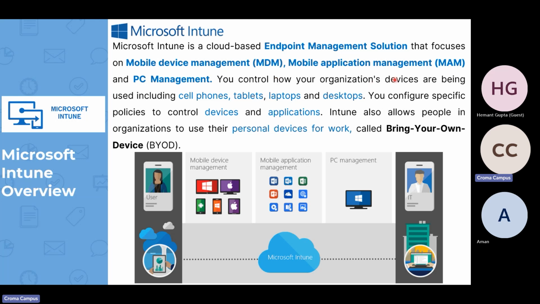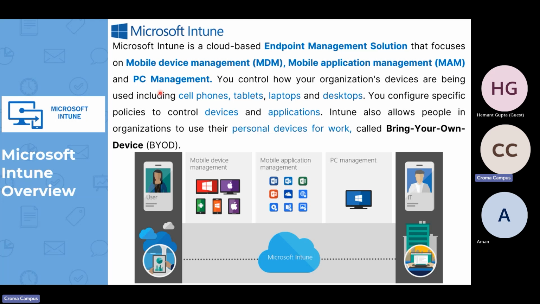So Intune focuses on mobile device management and mobile application management. Across multiple platforms, we have to manage the applications on all of them as well. And PC management also. This is mobile device management, managed as an MDM solution, but there is a term they have used, PC management, which nowadays we call Windows Autopilot.